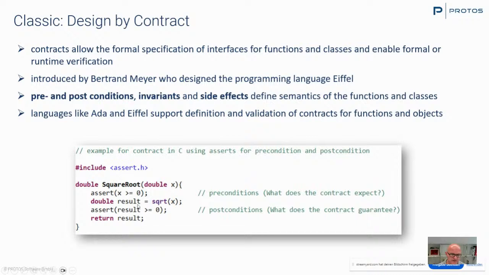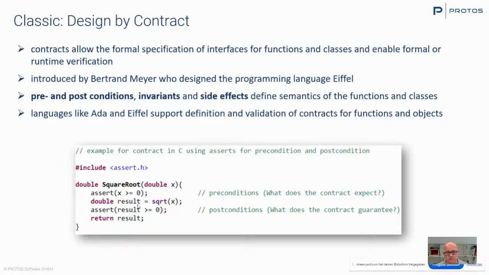You can also check invariants and side effects. An invariant would be, for example, if in a class or in a module, A always needs to be bigger than B. Whatever the class or the module does, A must be bigger than B. That would be an invariant.